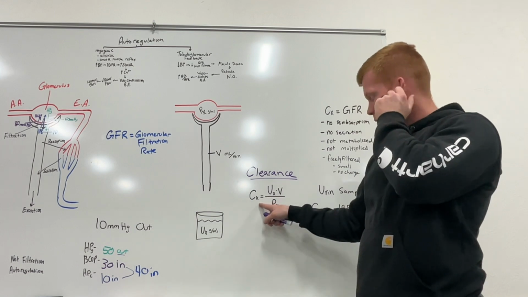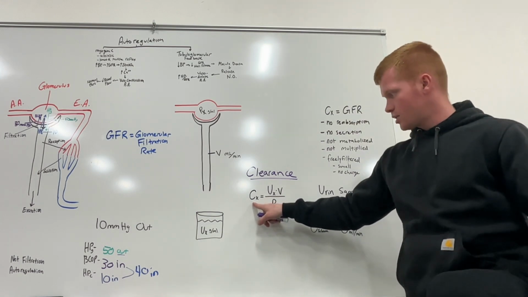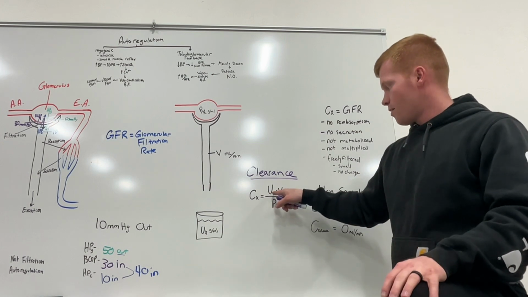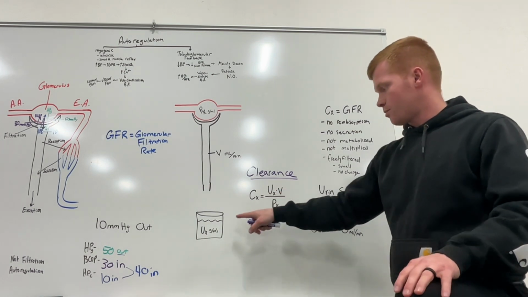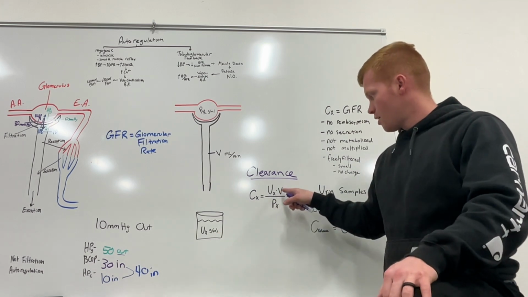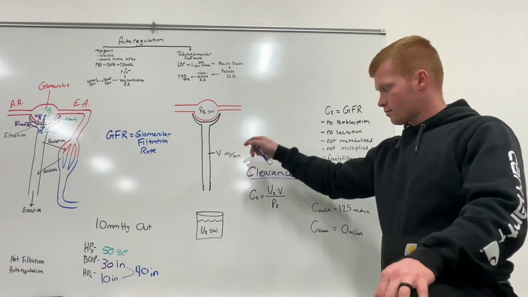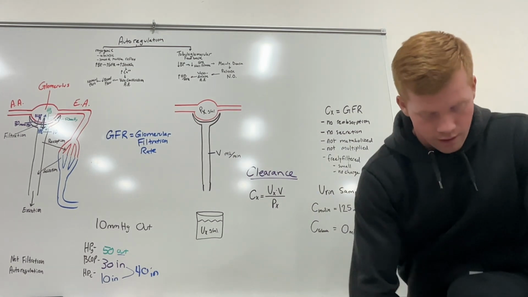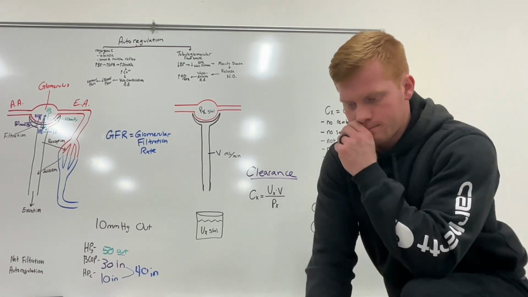And we use this fancy formula. Clearance of the substance equals the concentration of the substance, or the measurement of the substance in the pee cup, multiplied by the volume, how many milliliters per minute was measured.